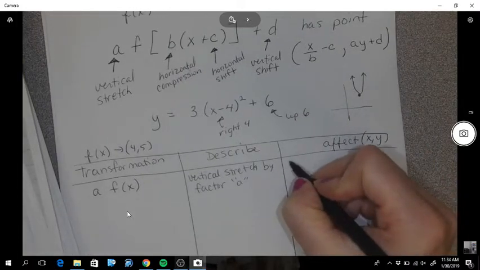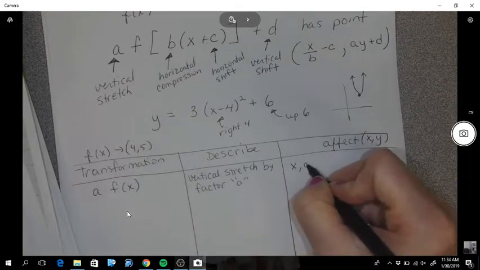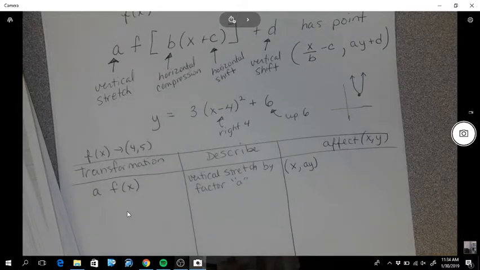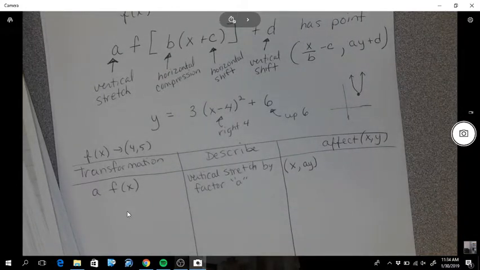And how it affects is that it changes your y value. It makes your y's go up at a faster rate or a slower rate.